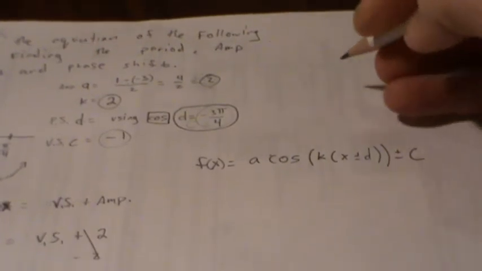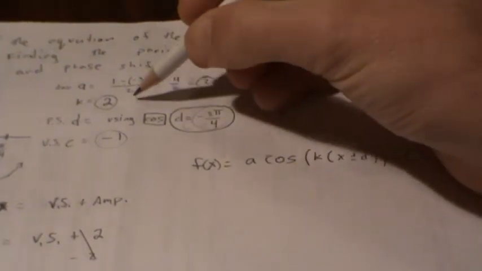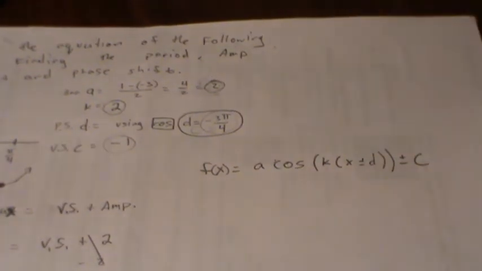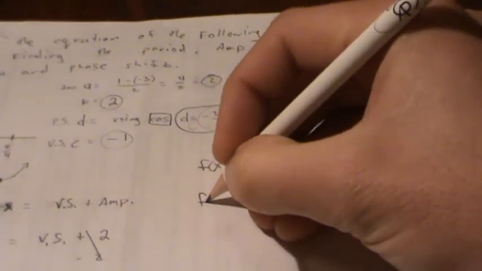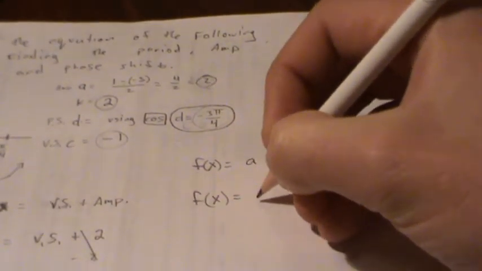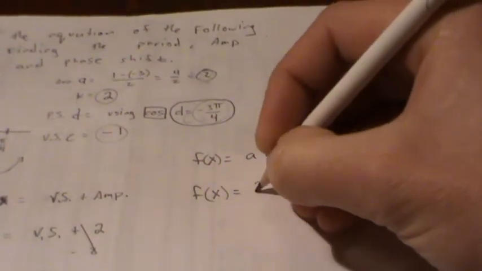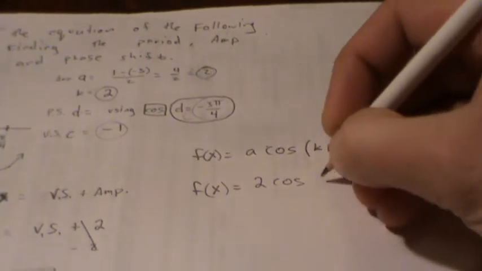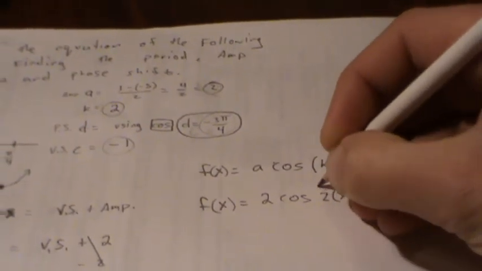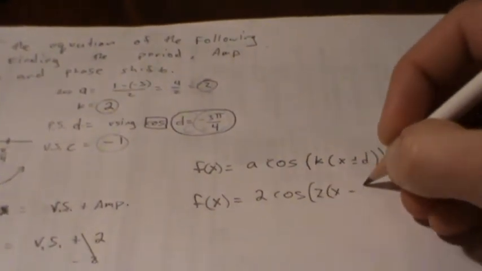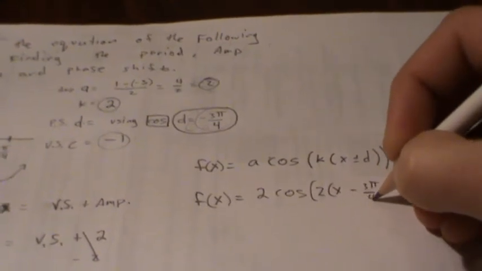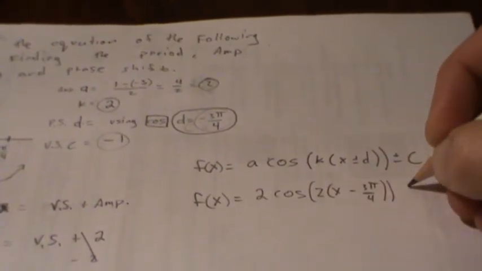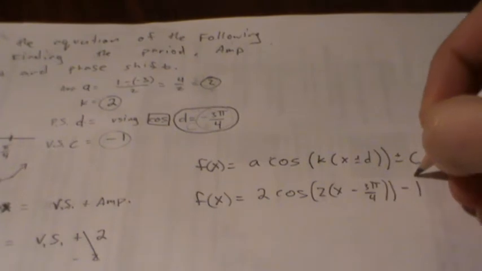I just take all of my letters and numbers and put them in here. And so my function, my graph, is 2 cosine 2x minus 3 pi over 4, minus 1.